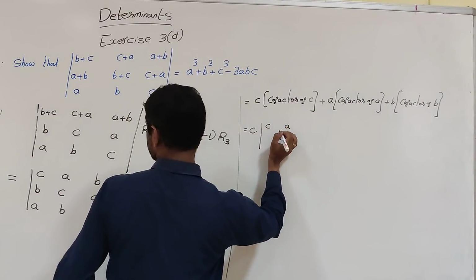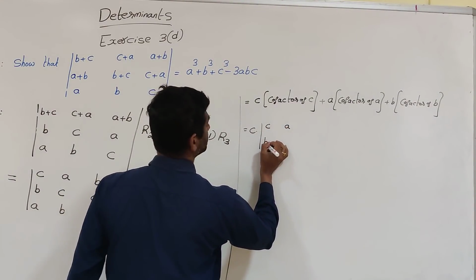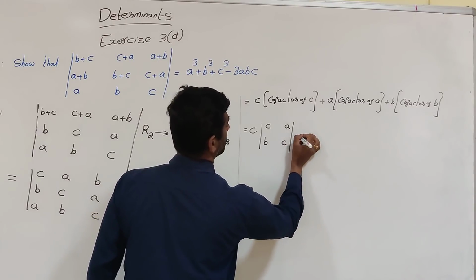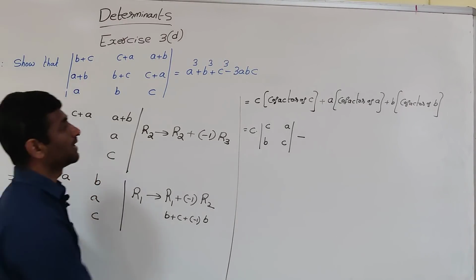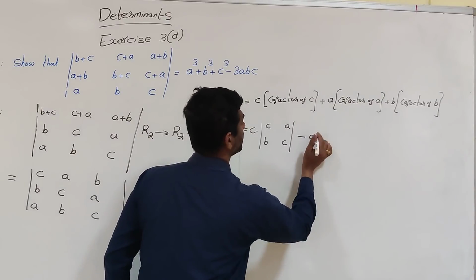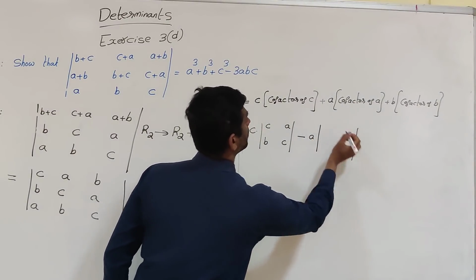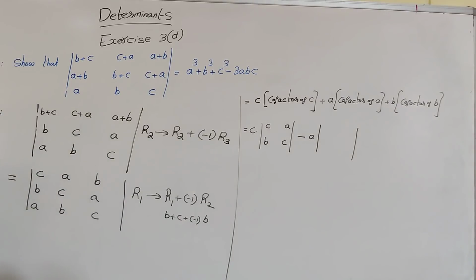C, A, B, C. And minus, because cofactor of A is minus 1 whole to the power of 1 plus 2. So it becomes a negative value. So minus A into the determinant of a 2 by 2 matrix after hiding the first row and second column.